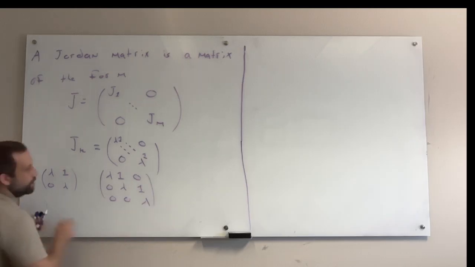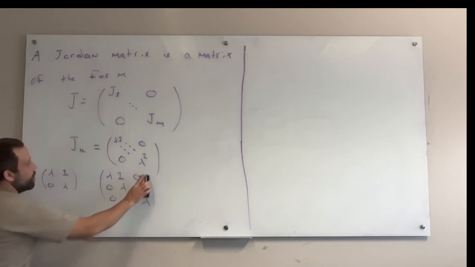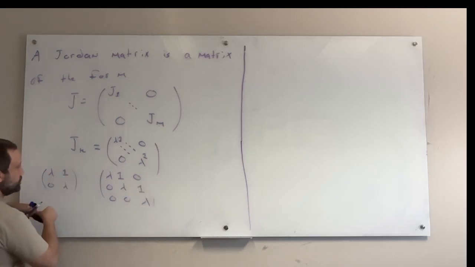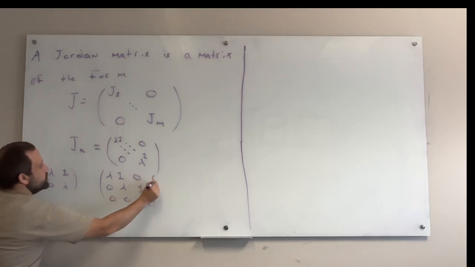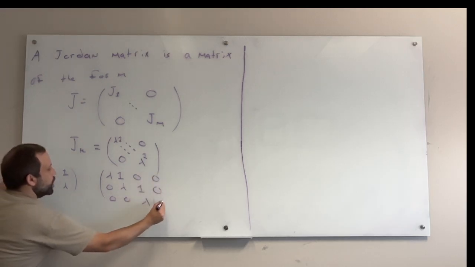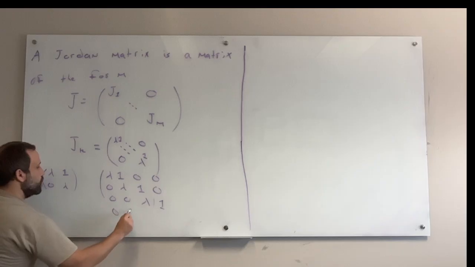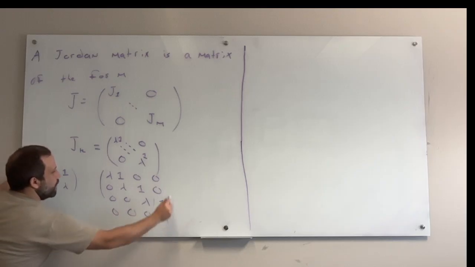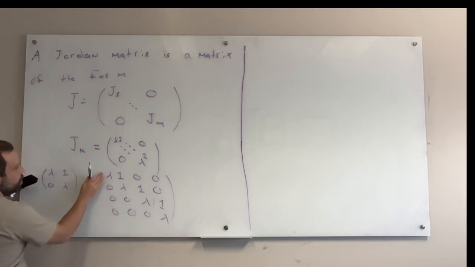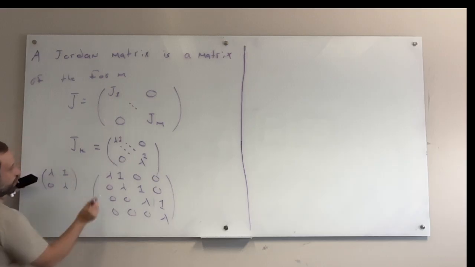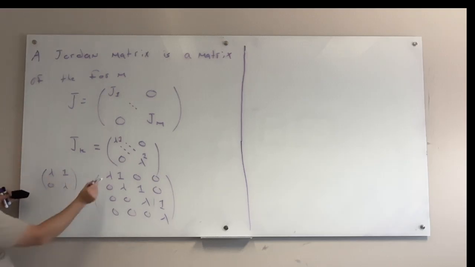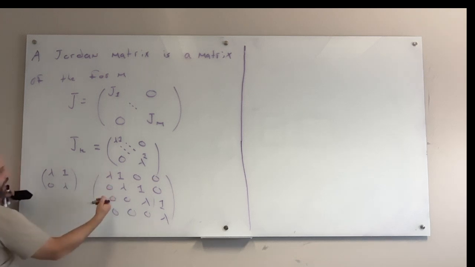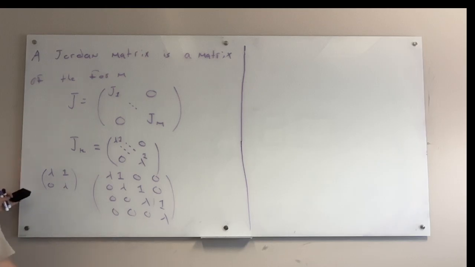And a 4 by 4 Jordan block has the same pattern: lambda on the diagonal, ones on the diagonal above it, and zeros everywhere else.